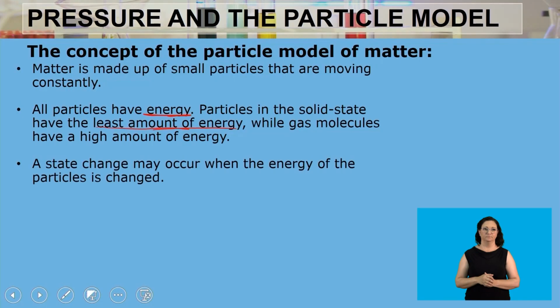So a state change may occur when the energy of particles is changed. If we are looking at a solid, a liquid, and a gas, when we are changing the energy of the particles, so if we are adding temperature onto the solid, the particles making up that solid will start to gain more kinetic energy, move around even more, and as a result, the solid is going to melt.